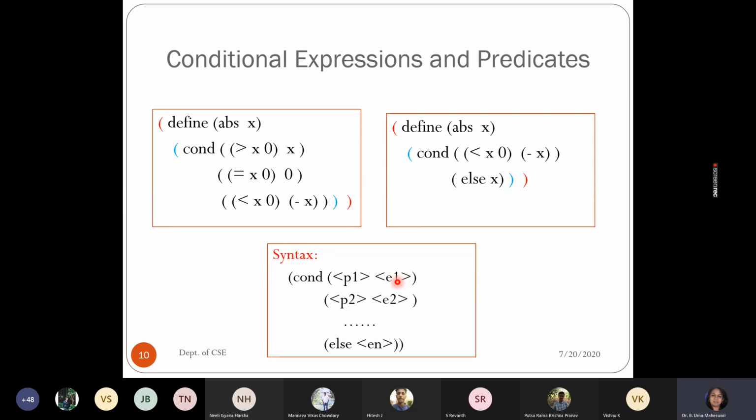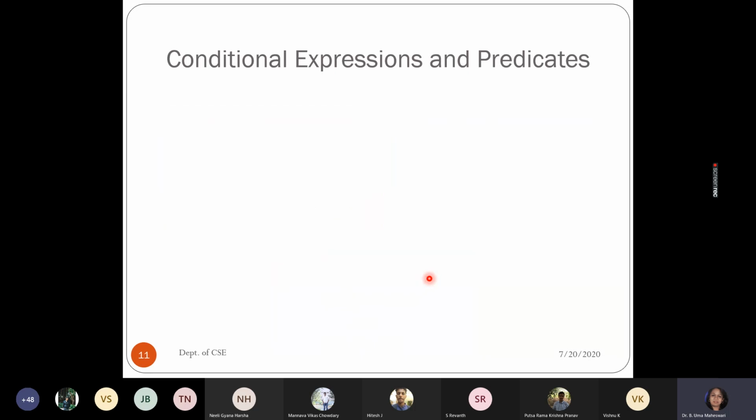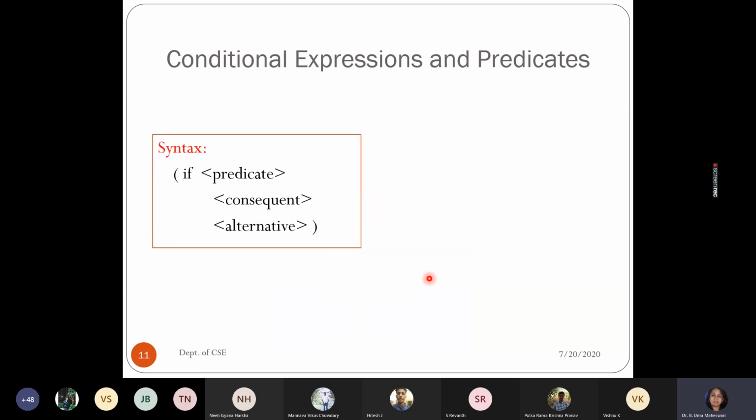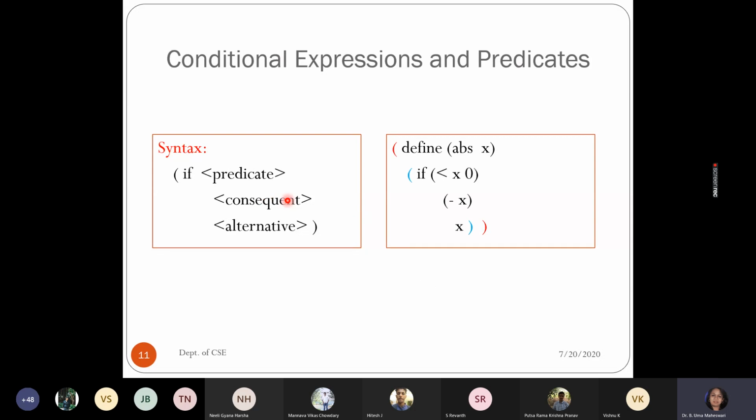Even in the syntax we have written, you can write any number of expressions. But in the if statement, only one expression you can write. The consequent should be only one expression. You can't return multiple things. Okay, that is the difference between if and cond that you have to remember while writing the program. Okay, understood? So now let me ask few questions.